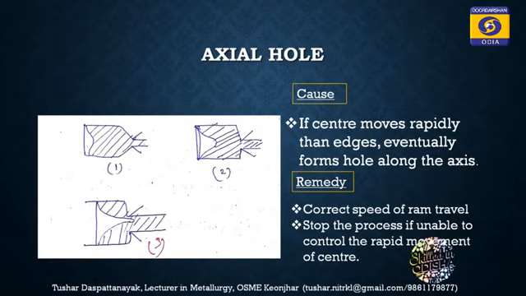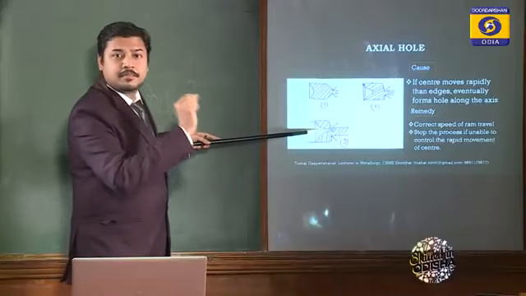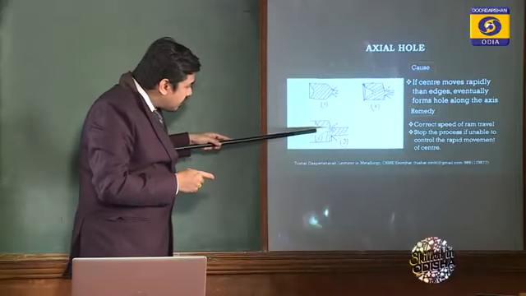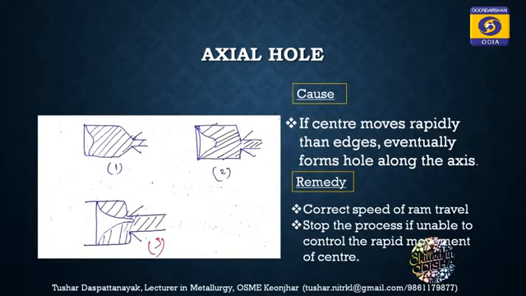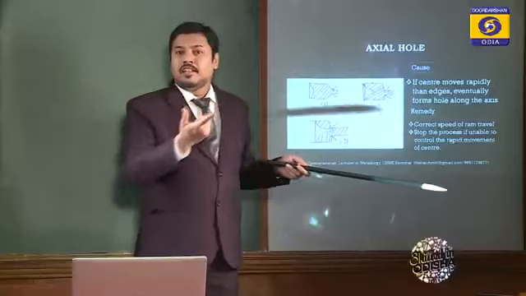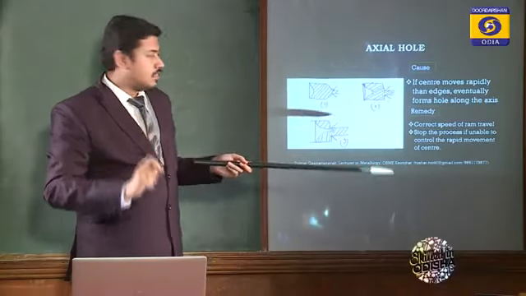First step, second step, third step, because center is moving faster. In the third stage, eventually it will form a hole along the central axis of the extruded product. Okay.